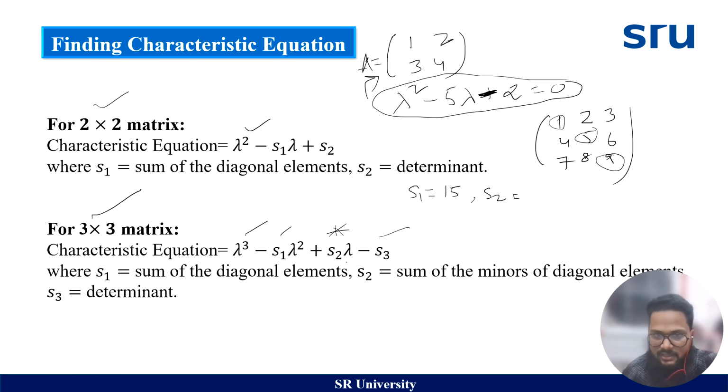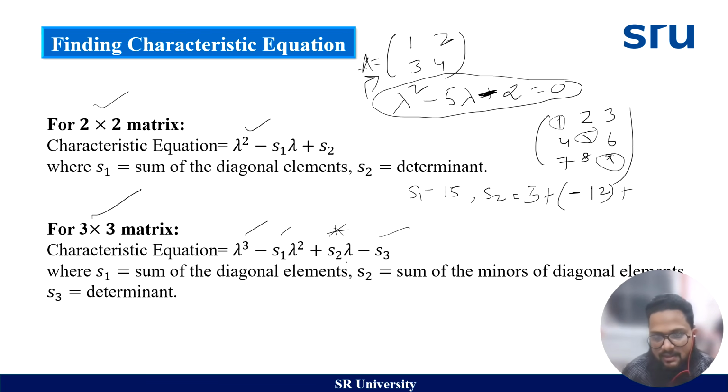The minor of 1: you have to remove the first row and first column, so the remaining is 5 into 9, 45 minus 48, so minus 3, plus the minor of the second diagonal element 5, that means you have to remove the second column and second row, so the remaining is 1 3 7 9, so 9 minus 21, which is minus 12.